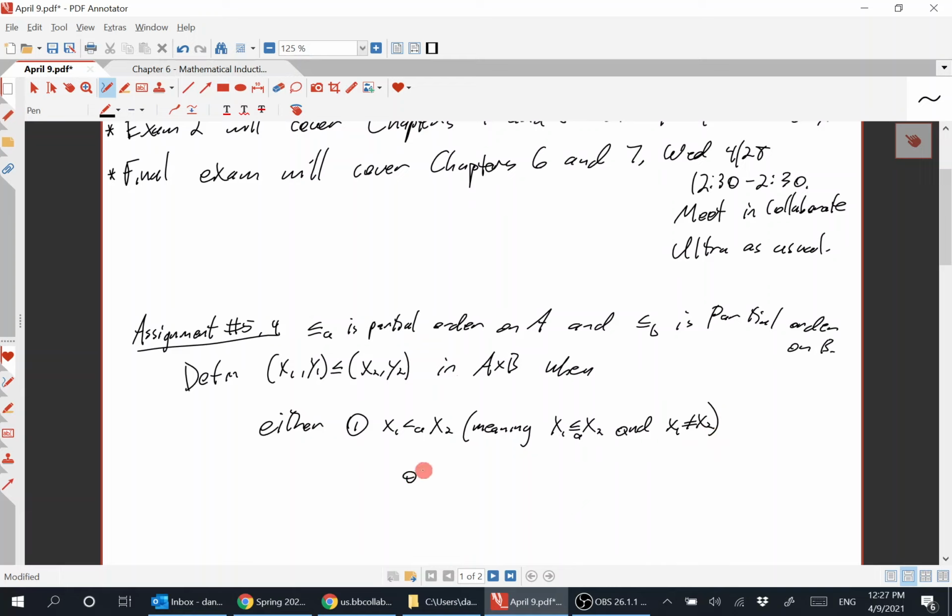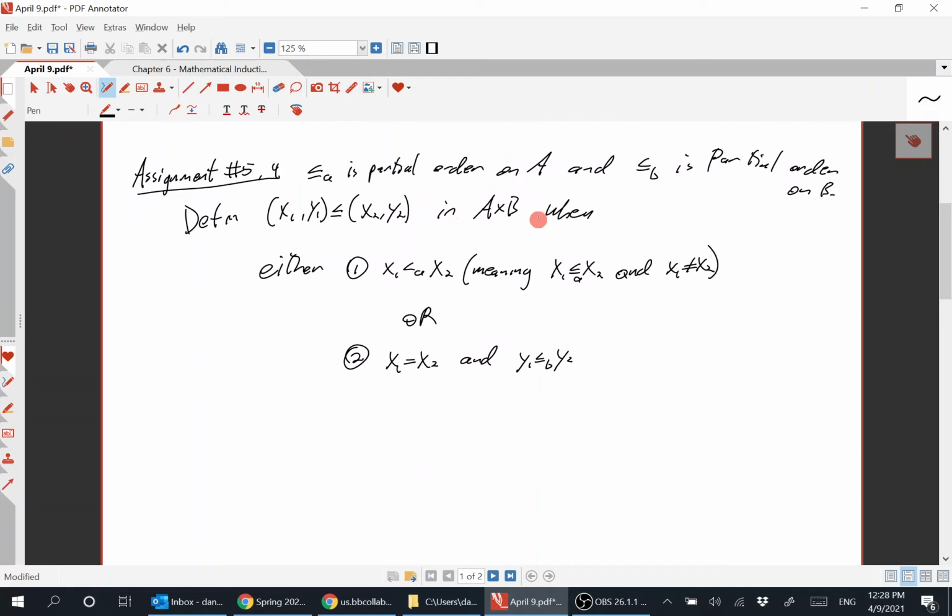Or 2, x1 equals x2, and y1 is less than or equal to in B, y2.